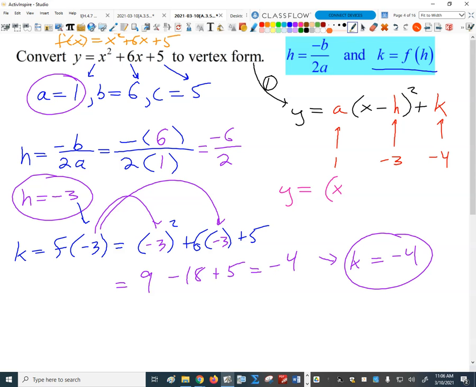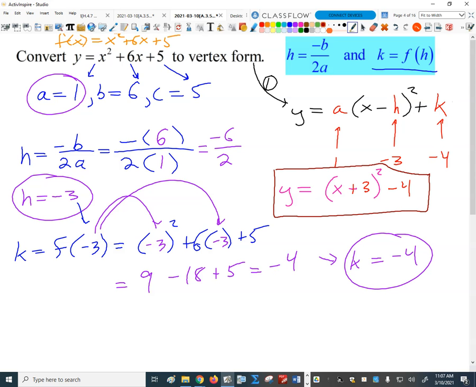So I'm getting 1 times the quantity, I don't write the 1, x minus negative 3 makes that an x plus 3, squared, plus negative 4 would just be a minus 4, right? So there's my final answer right there. That's all we're looking for, right?